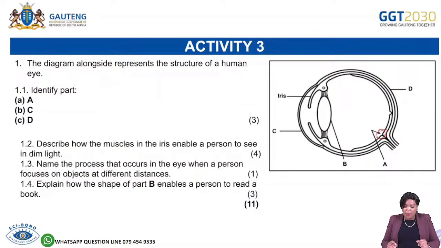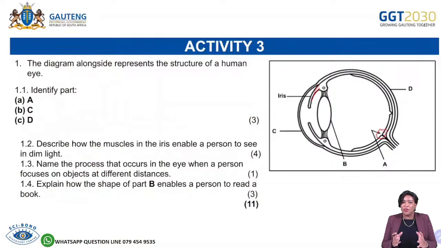Then you come to question number 1.2. Now, this question is where you need to read with understanding. Describe how the muscles in the iris, so here, this is our iris, enable a person to see in dim light.